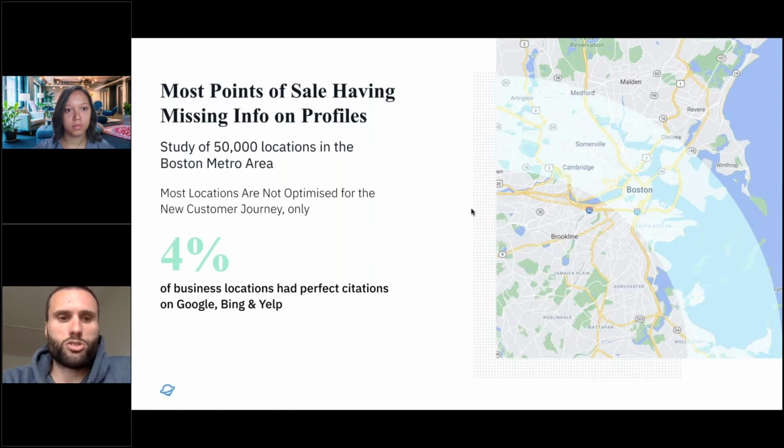We just looked to see if all of these locations had perfect citations, so perfectly filled out, complete profiles on Google, Bing, and Yelp, just three big directory platforms, and we found that only 4% of those locations had perfect citations across all of them. For us, that was a big red flag: listings have been around for a while, but that doesn't necessarily mean people do a good job of managing their listings and directories.